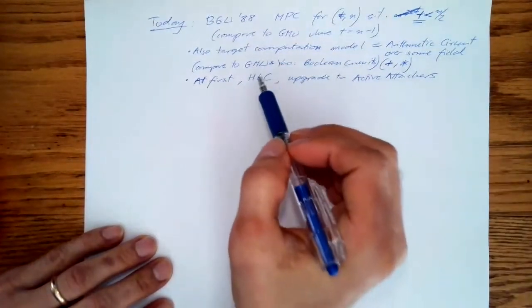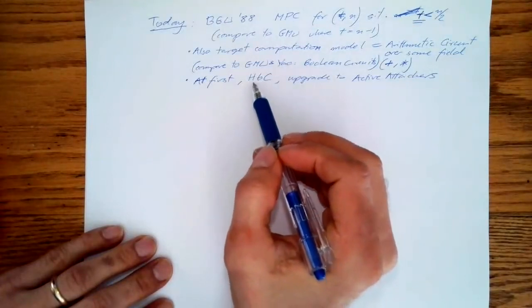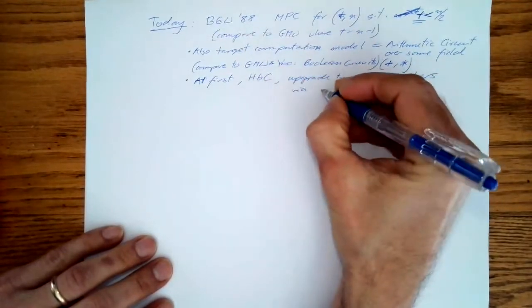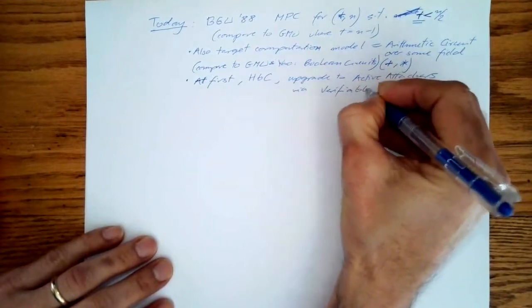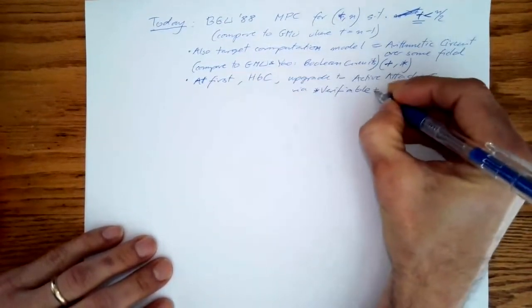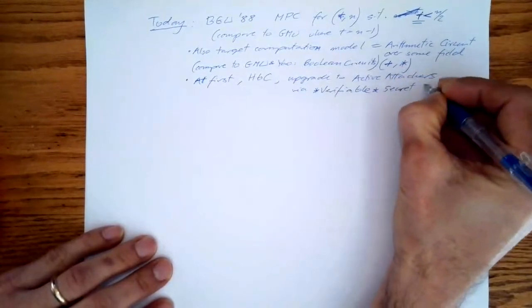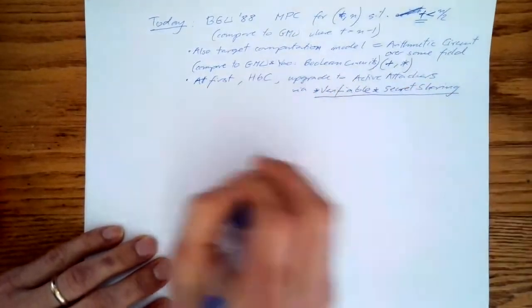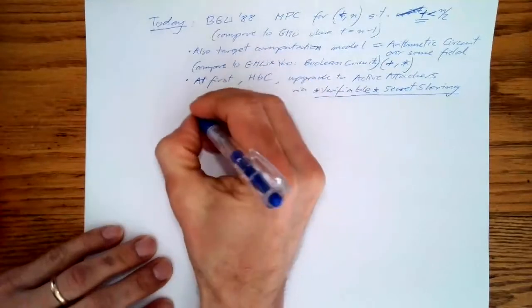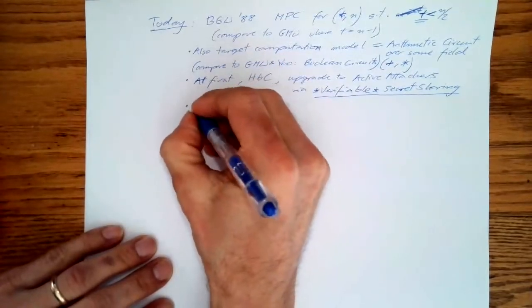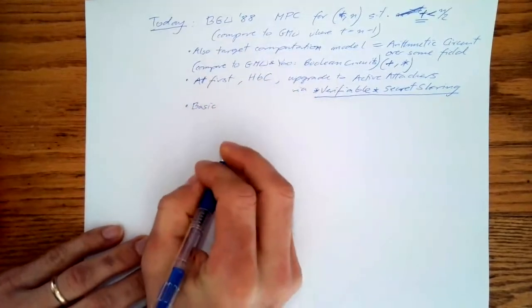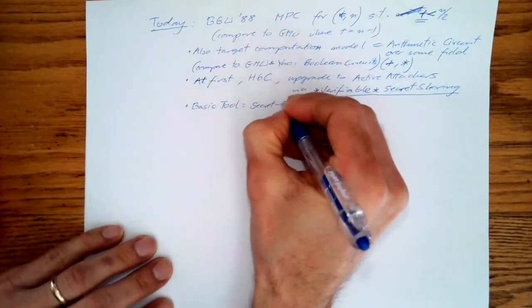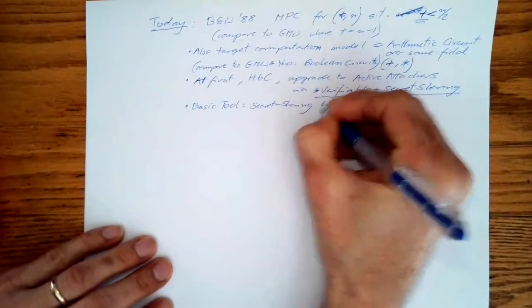But here there will be a native procedure used for active attackers via something called verifiable secret sharing. And right here, I realized that I have not said that the basic tool in a BGW computation is a secret sharing scheme by Shamir.